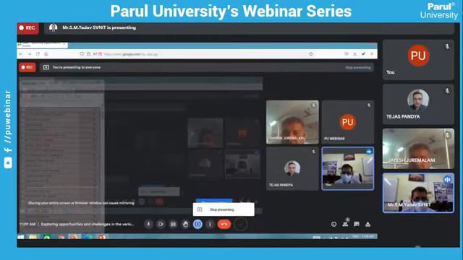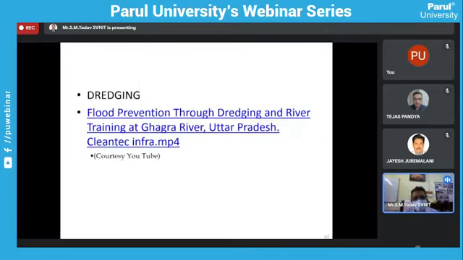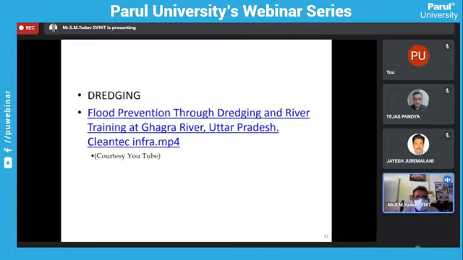So this was the work which was done as a dredging channel. As I have said, it can be used for flood mitigation, and this is a live example of where and how the water resources engineer can work in case of a dredged channel or flood mitigation measure.